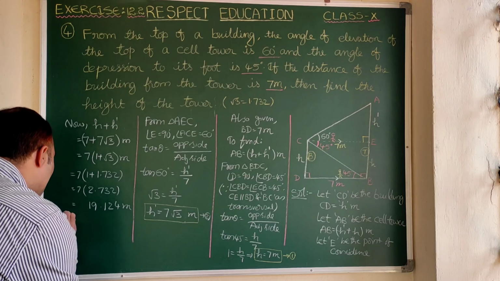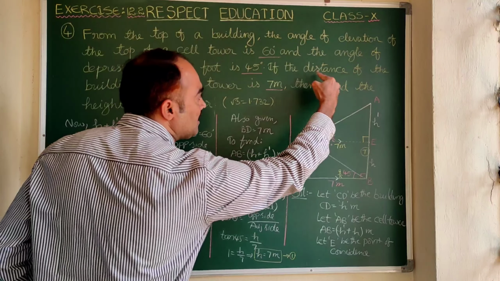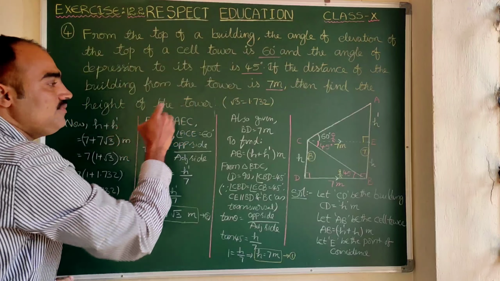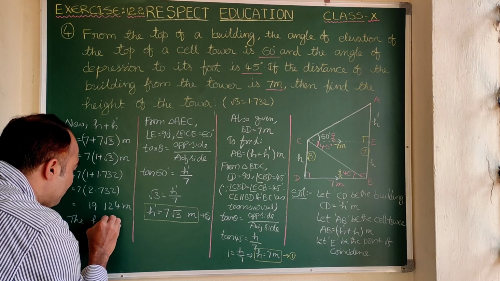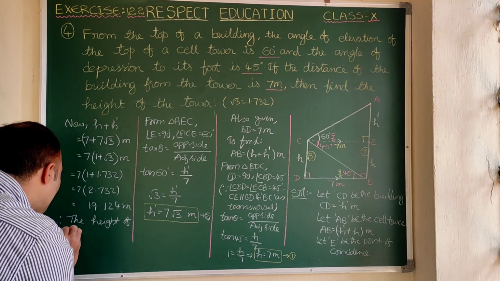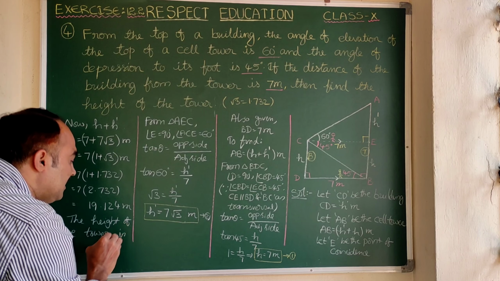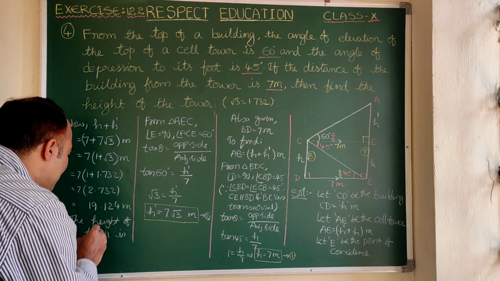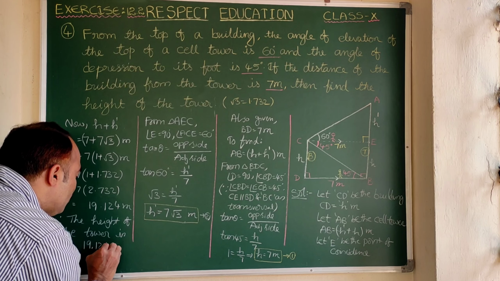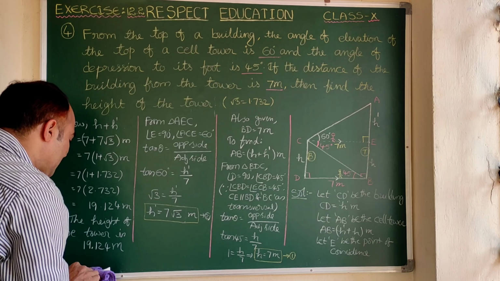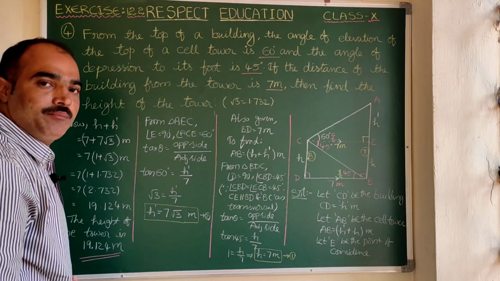Therefore, the height of the tower is H plus H dash, nothing but 19.124 meters. So with this the problem 4 gets completed.